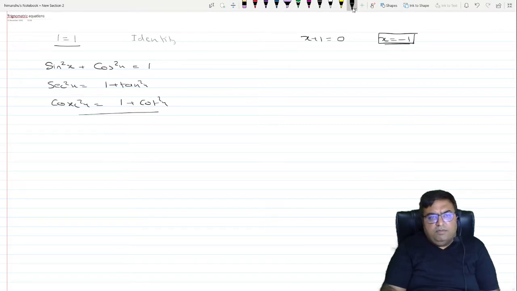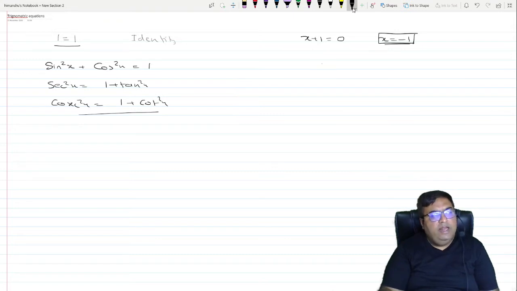These were the three basic identities. There are others also, but let's stick to these. For all allowed values of x, you will find LHS equals RHS.